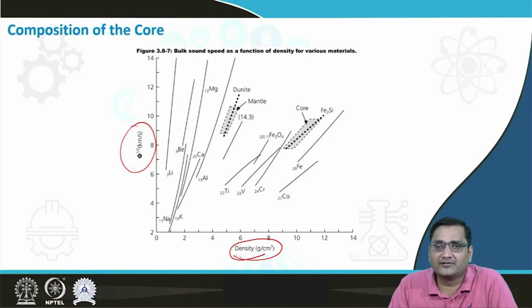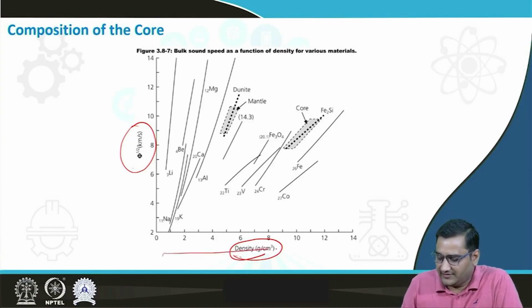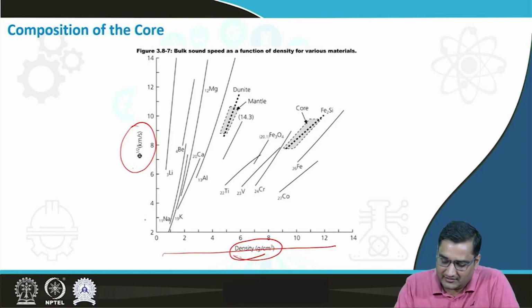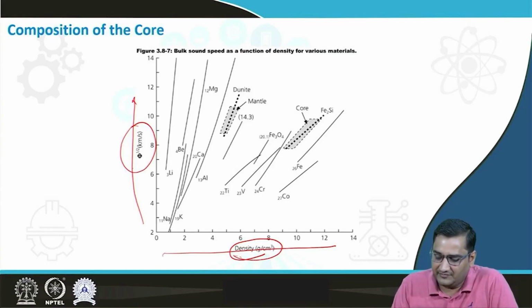As the density increases, how the bulk seismic sound speed varies within the different kinds of material is being compared.